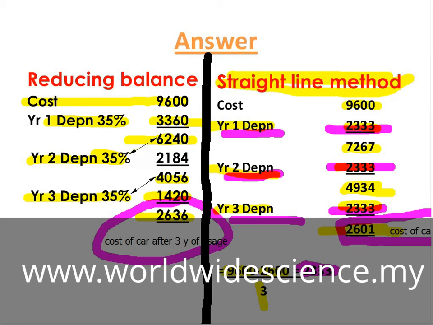You see, the amount in the reducing balance is bigger than the amount in the straight line, right? After the usage of 3 years.